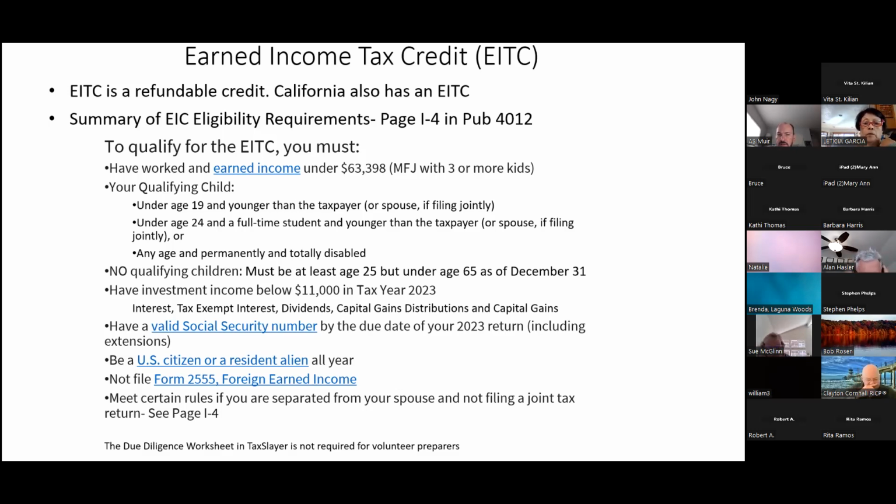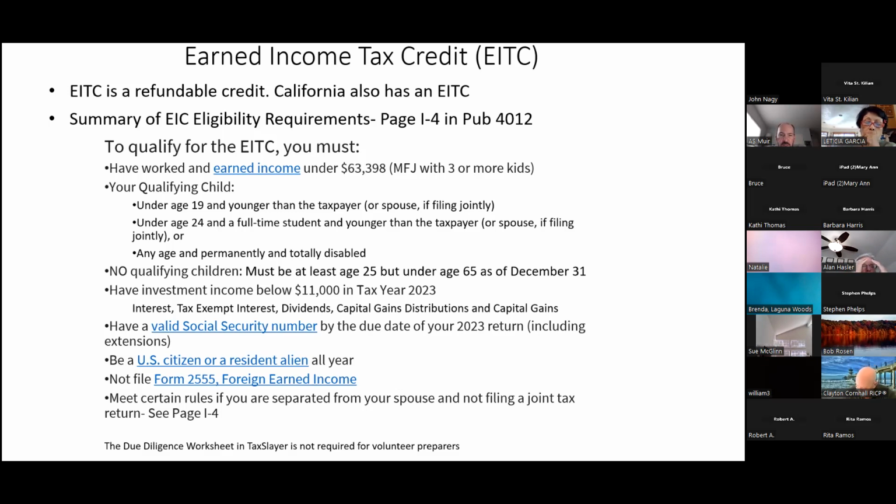And then here's another one you don't see a lot of, but when you do, you simply have to explain it to the taxpayer. Their investment income has to be below $11,000. And investment income is defined as interest income, tax exempt interest, dividend income, capital gains distribution, and capital gains. And so let's use an example.